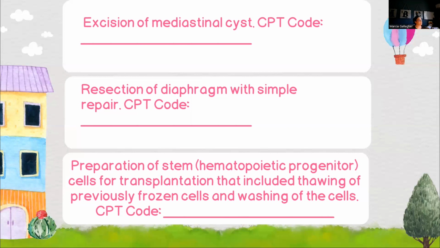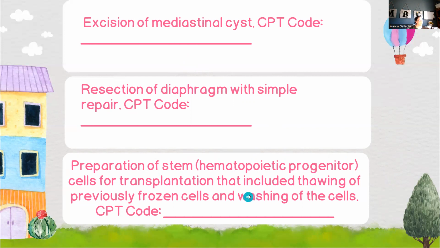The next one, here we go, down here: preparation of stem cells for transplant that includes thawing of previously frozen cells and washing of cells. You need to pay close attention to a couple of things here. First of all, this is still stem cells. The next thing is thawing and washing.